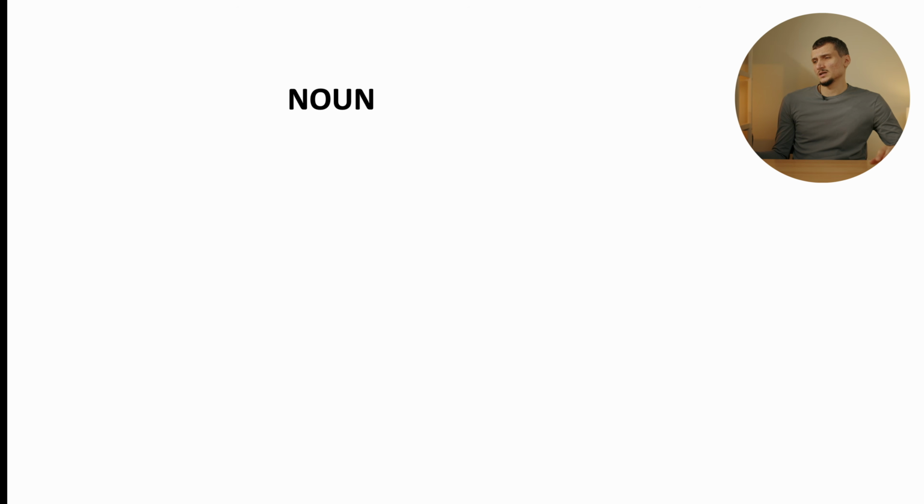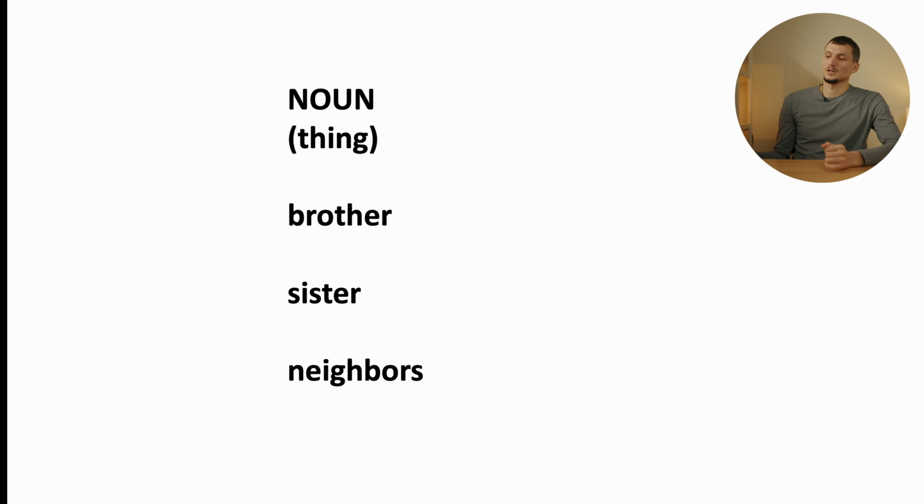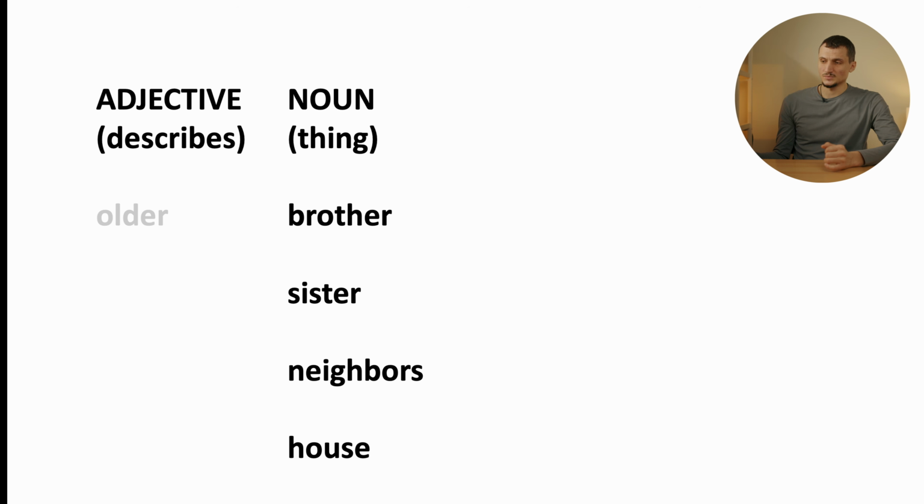So let's review. Let's repeat everything we've just said, just in a slightly different way on screen. So we have nouns; those are words for things or people. So for example, brother, sister, neighbors, house. Then we have adjectives. Those are words that describe nouns. So we can have older brother, younger sister, new neighbors, big house.